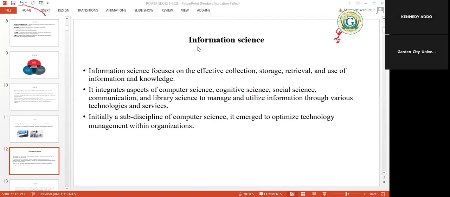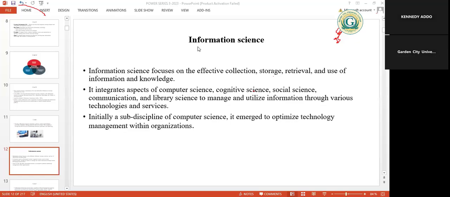It integrates aspects of computer science, cognitive science, looking at human abilities to support the decision-making process, social science, communication, and library science to manage and utilize information through various technologies and services. Initially a sub-discipline of computer science, it has now fully emerged into a distinct specialty or discipline on its own.